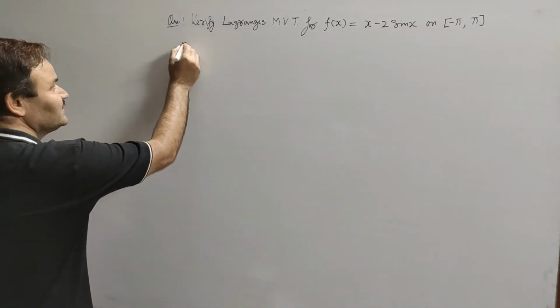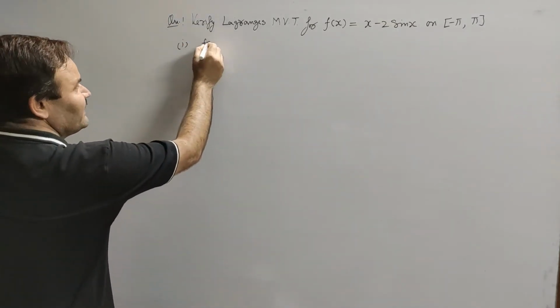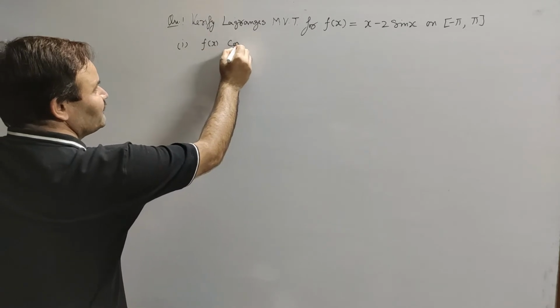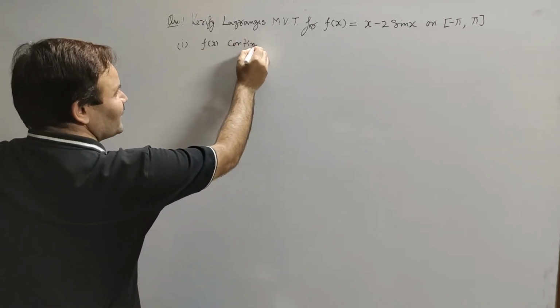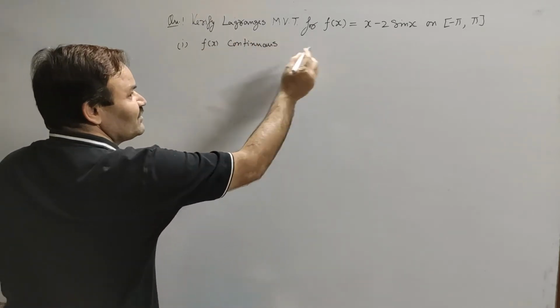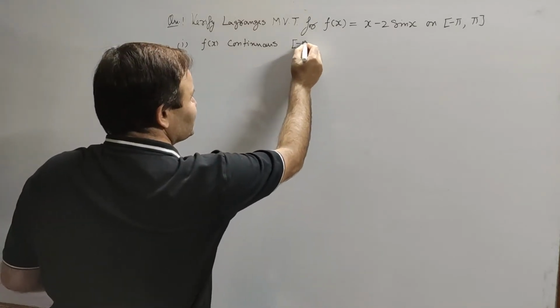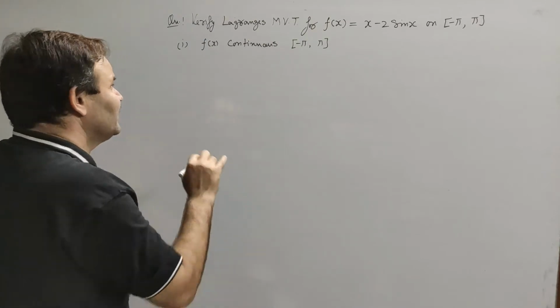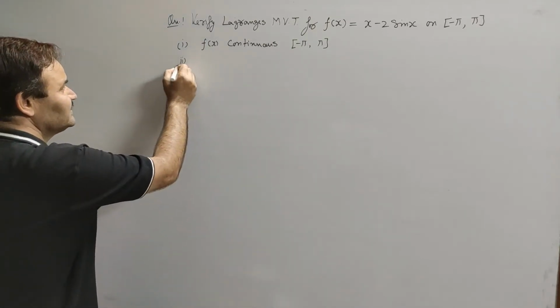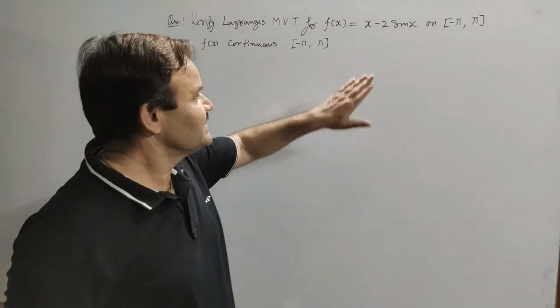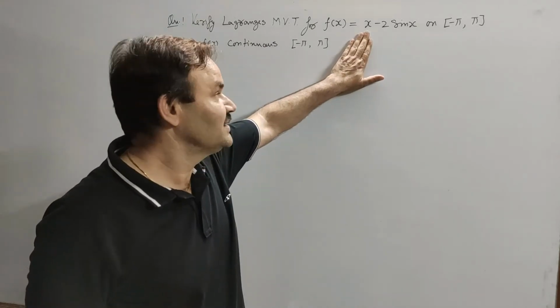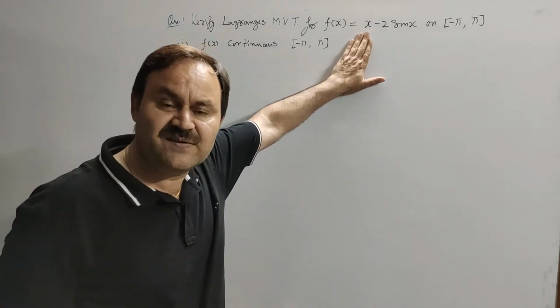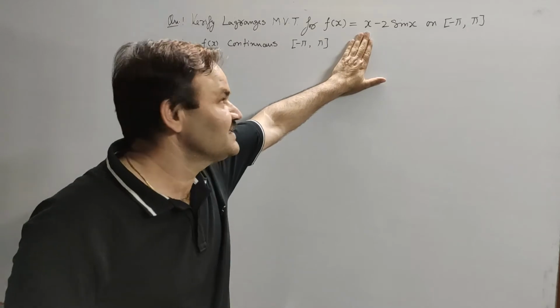So first thing, f(x) is continuous for the closed interval [-pi, pi]. Now second thing, x is a polynomial function which is differentiable for all real values of x.